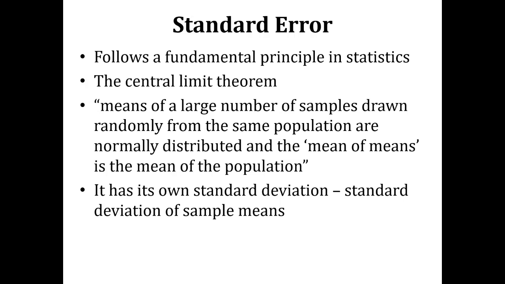So this is the concept, and this is the central limit theorem, and the grand mean or the population mean or the mean of means has its own standard deviation, which is known as the standard deviation of means, right? Now, what is the standard deviation concept? We had discussed in the previous lectures that standard deviation is the deviation of individual observations from the mean value.